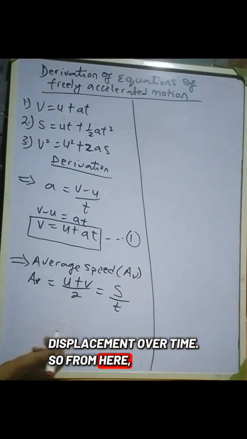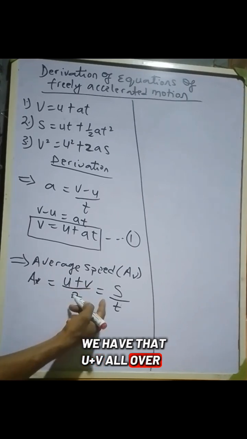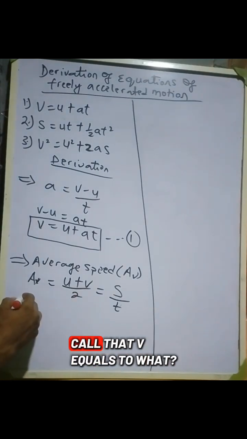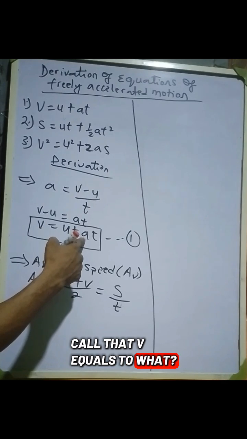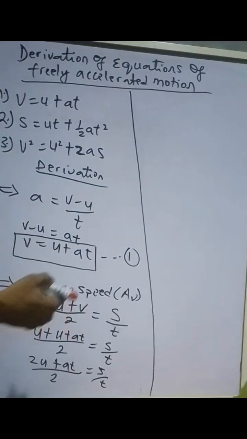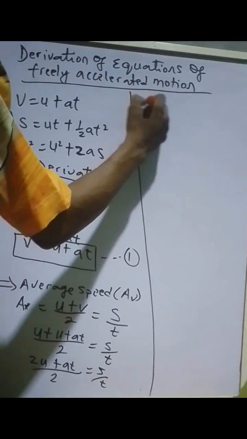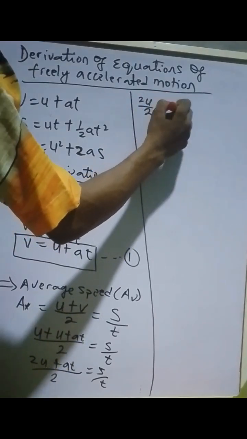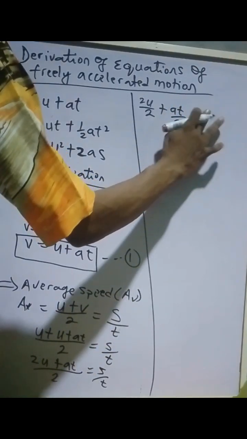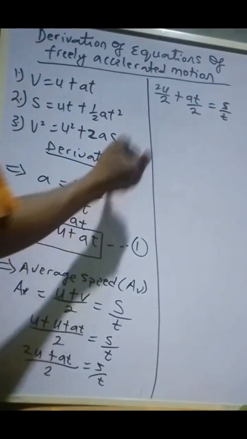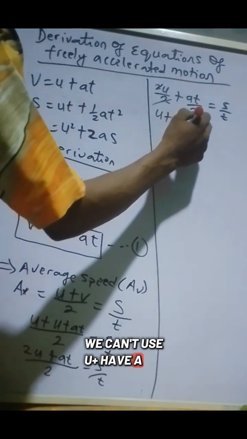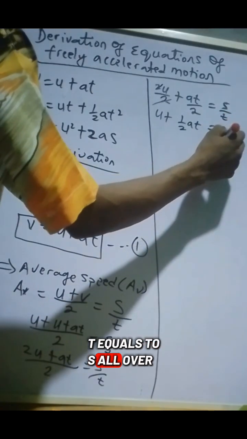So from here we have that u plus v all over 2 equals displacement over time. We know that v equals u plus at. So that means we have 2u all over 2 plus at over 2 equals s over t. So this will cancel, u plus half at equals s all over t.